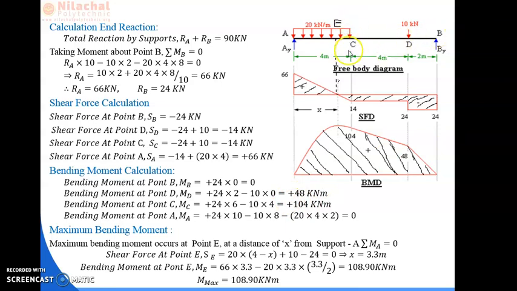Again at point C, the distance for the 24 is 6 meters, so 24 into 6 minus 10 into 4, that is equal to 104 kilonewton meter.